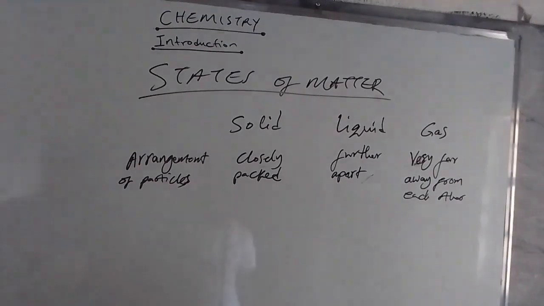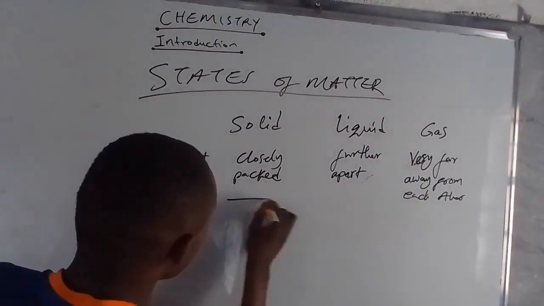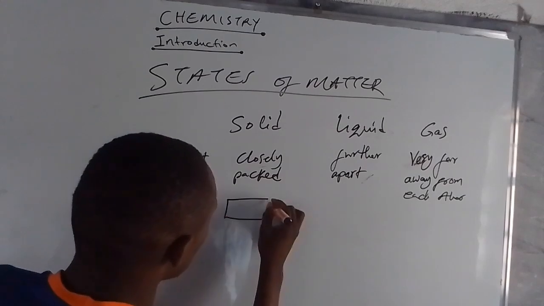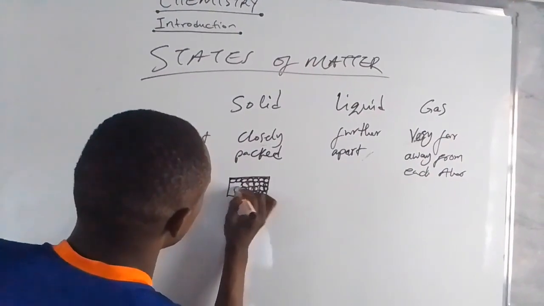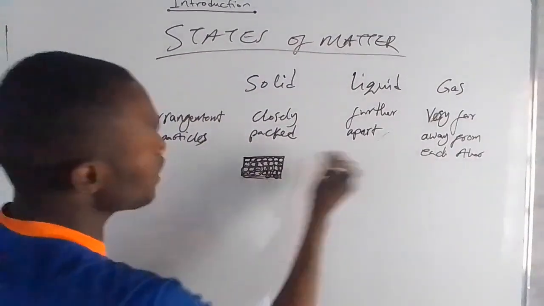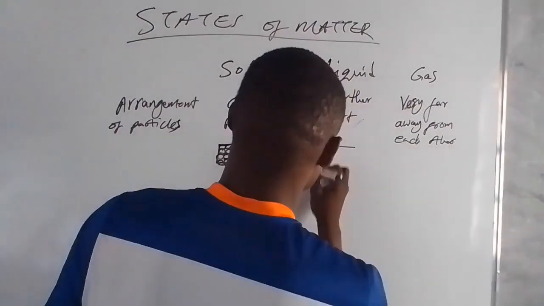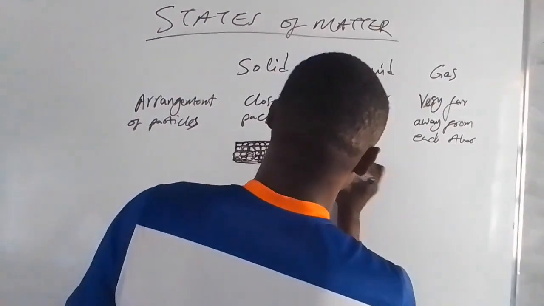Now, apart from that, we need to also consider the diagram. If we have this diagram which represents the solid, the particles are closely packed. Coming to liquids, you find that they are a bit far away from each other.